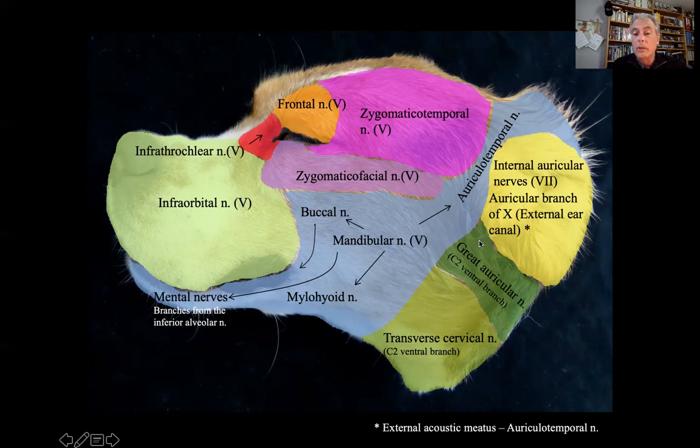And dorsal to it, we have the area innervated by the great auricular nerve, that is a branch of the second cervical spinal nerve. And the external canal is innervated by the vagus, and the concha of the ear is innervated by the facial.